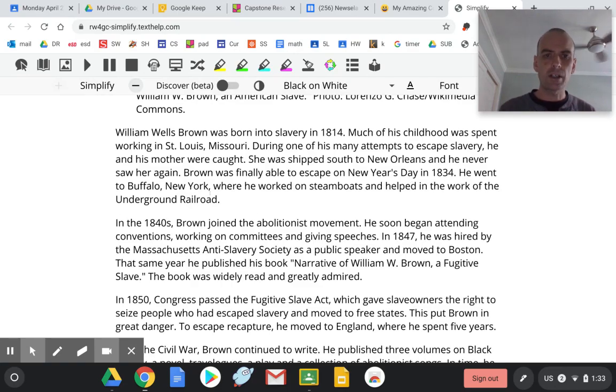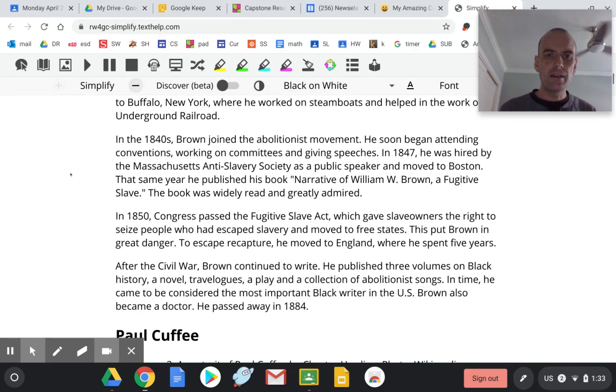He went to Buffalo, New York, where he worked on steamboats and helped in the work of the Underground Railroad. Wow. So he was born a slave, escaped, separated from his mother. Ugh. And then when he did escape, he helped other people escape.